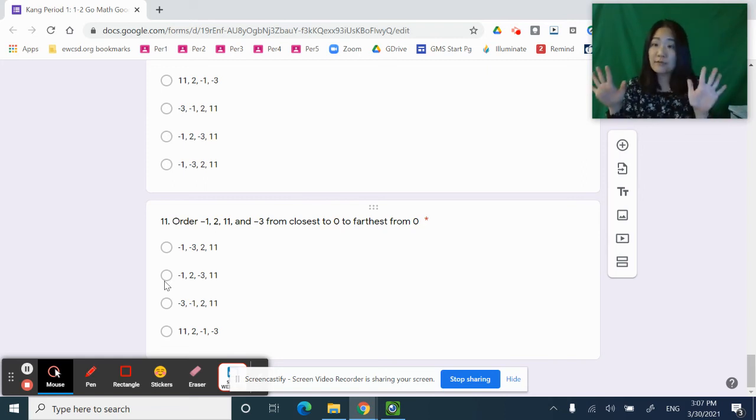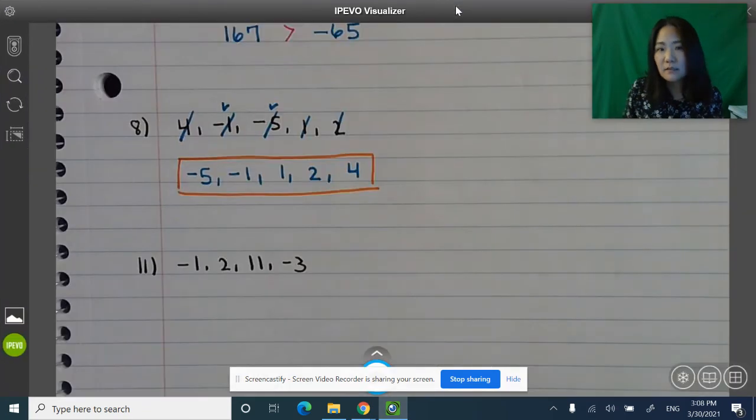So you're not ordering from least to greatest. You don't care which one has the least value or the greatest value. But what they want you to do is find which one's the closest to 0 and which one's the farthest from 0.